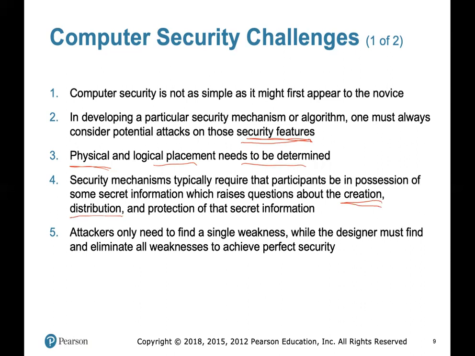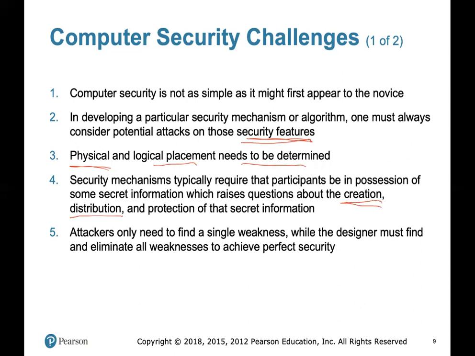If you are going to, for example, email it to me, now your email also needs to be secure, because you are sending me something very important. If you want to mail it to me, your mail should be secure. Once you send it to me, I should also keep it secure. I cannot, for example, write it on a piece of paper and put it on my desk, because that's an important piece of information.